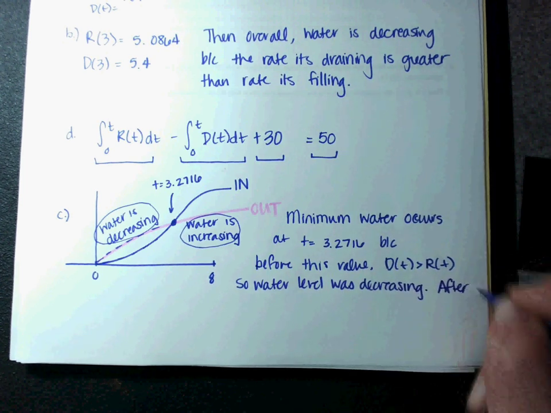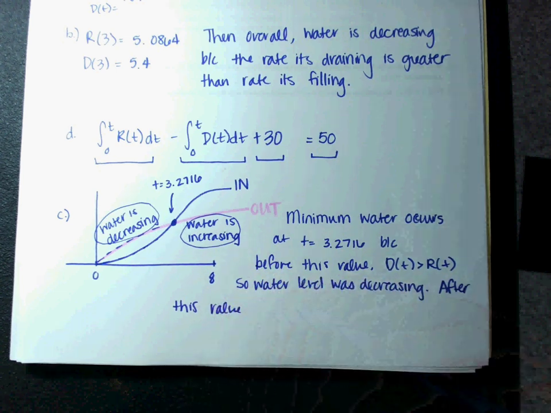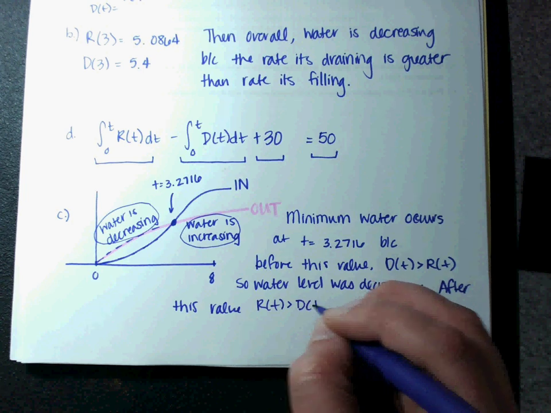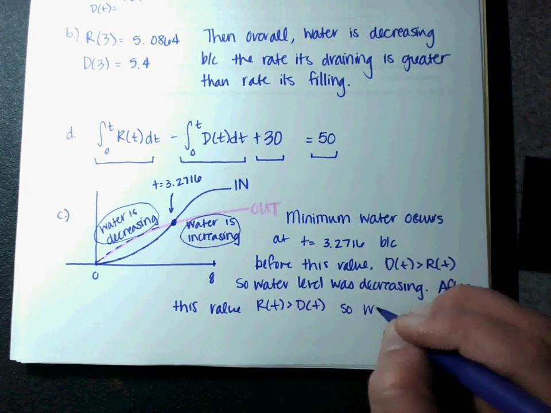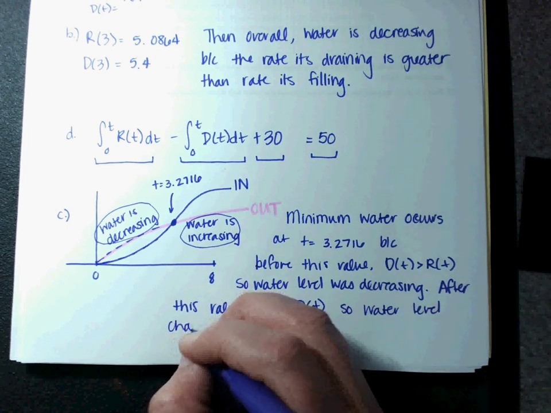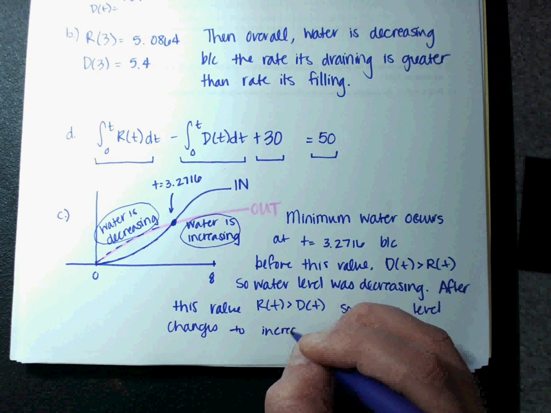After this value, R of t is greater than D of t, so the water level changes to increasing.